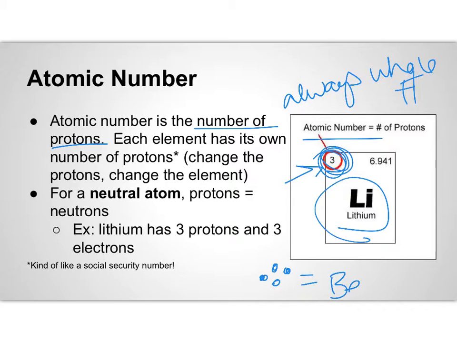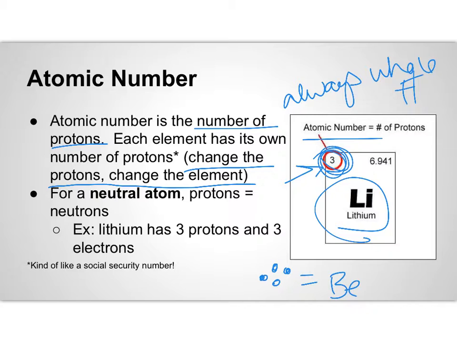So as soon as you start changing the number of protons, you're going to be changing the element's identity. The number of protons is sort of like a social security number. You have your own personal social security number that nobody else in the entire country has. It is yours. Just like that, elements have a number of protons or an atomic number. That is exactly their number and nobody else has it.